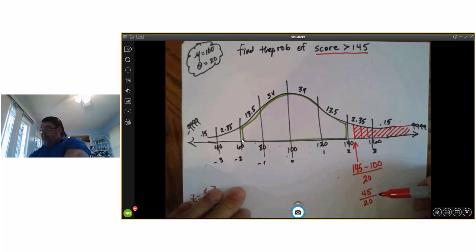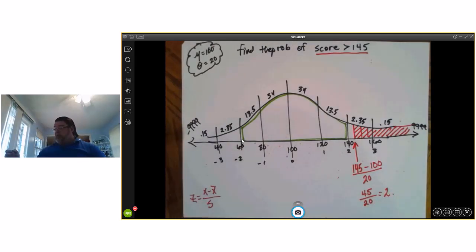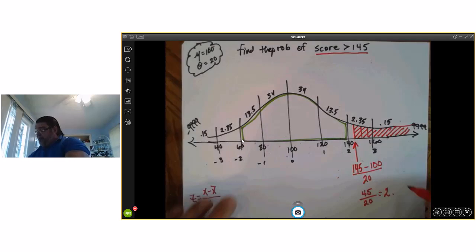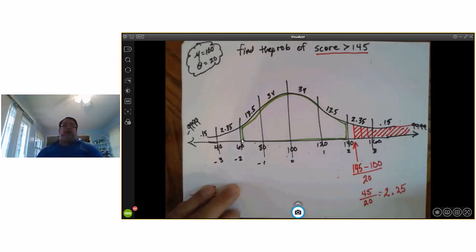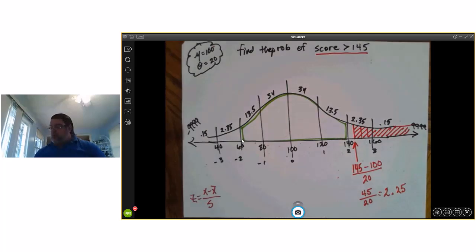And that would be 5 over 20, which is equal to 0.25, wouldn't it? Somebody check me. Y'all go ahead and turn your microphones on because we're almost finished. So is 45 divided by 20 equal to 2.25?